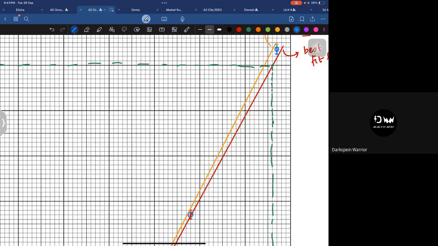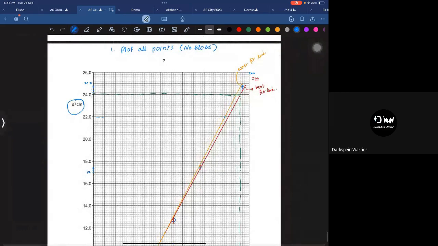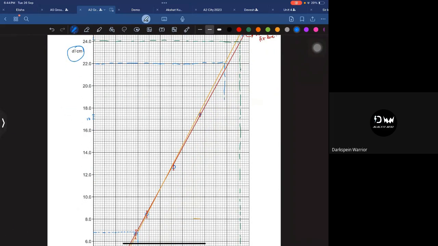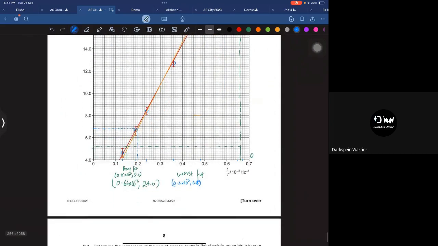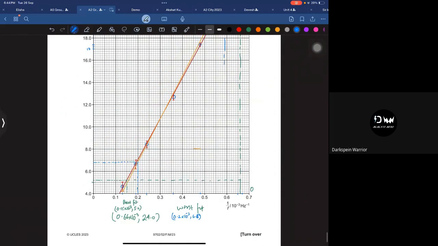I think this would be a fair enough point as well. So this is 22. And yeah, you have to find gradients and y-intercepts again and again.